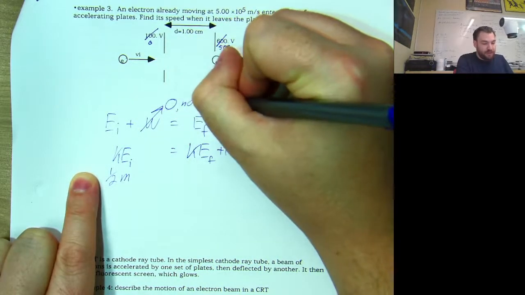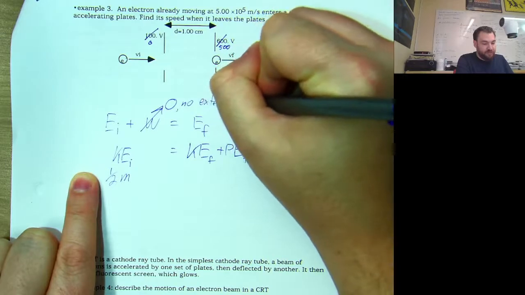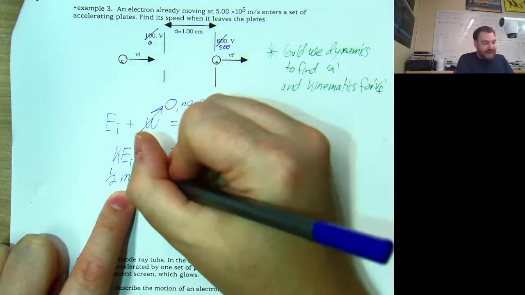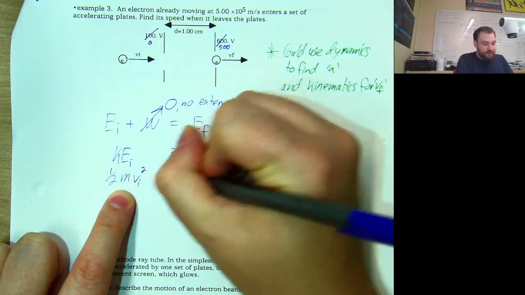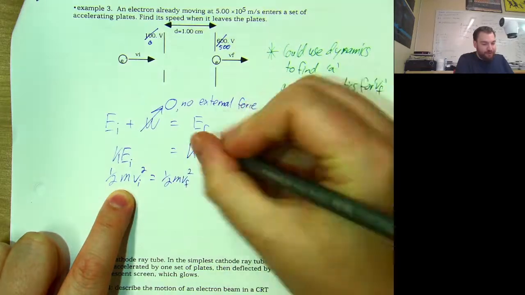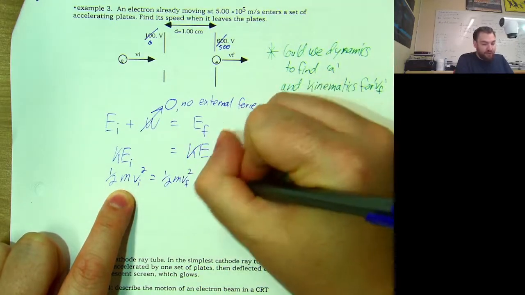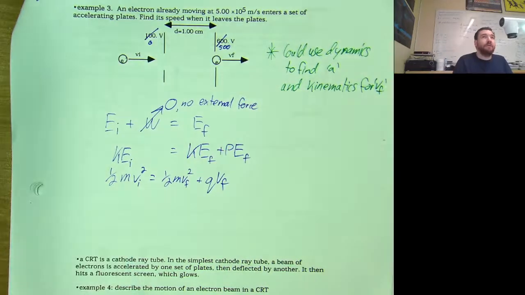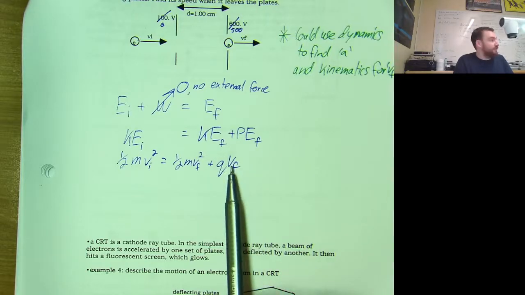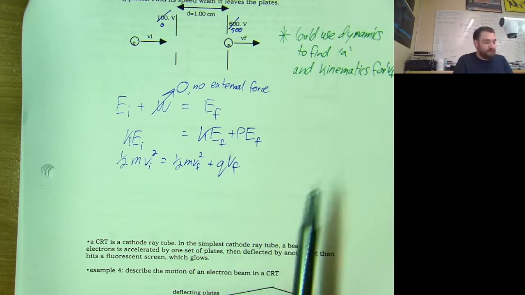No external force. But half MV initial squared is going to equal 1/2 MV final squared plus Q VF. The big VF is, this is voltage now. You got to keep this straight.